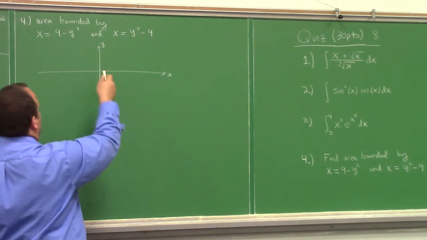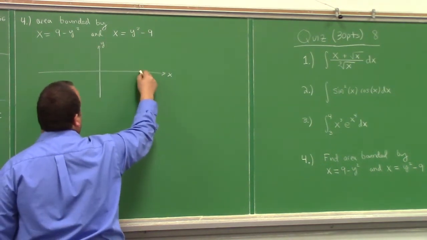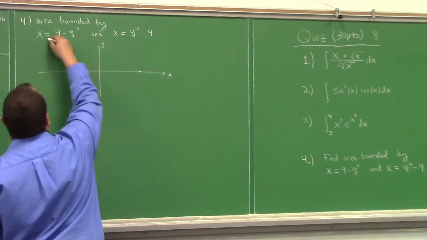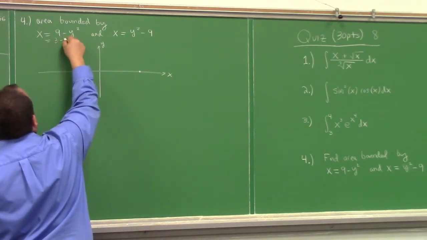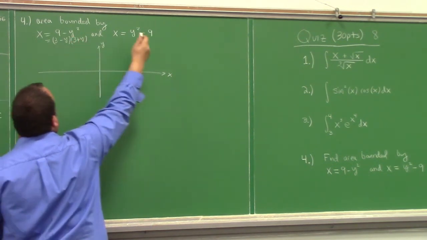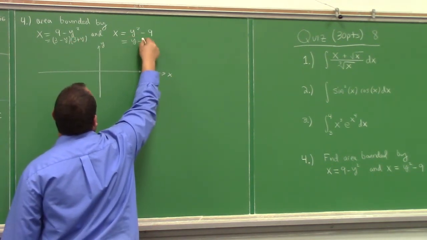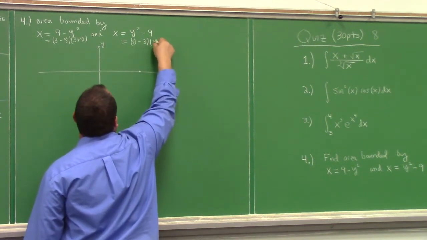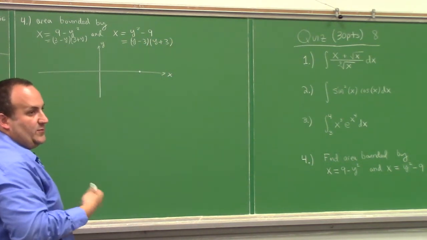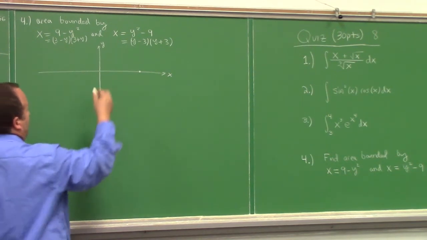When y equals 0, x equals 9, right? You can also factor this. This is 3 minus y, 3 plus y. This one here is y minus 3 times y plus 3 for what it's worth, right? So that shows you that the y-intercepts here are actually plus or minus 3 for both of them.